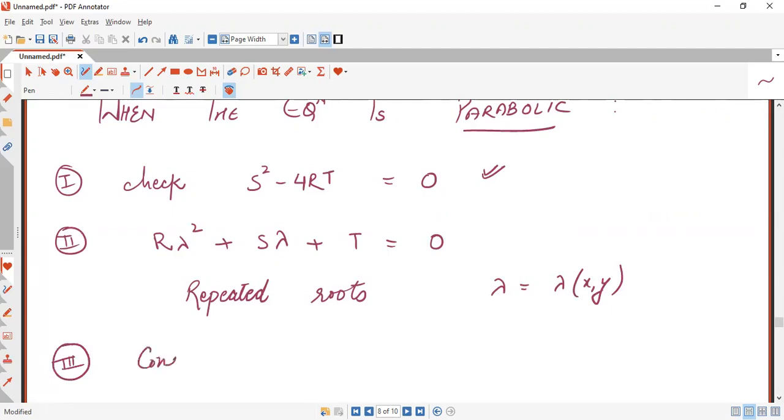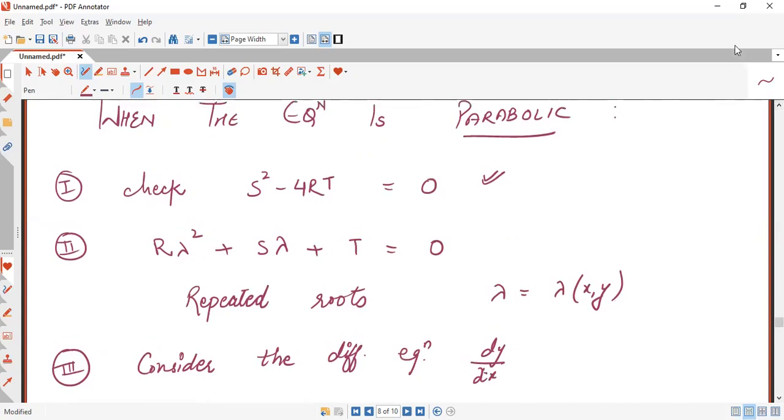Next step, you'll consider again the differential equation, just like we've done in the hyperbolic region. The differential equation as dy by dx plus lambda of x comma y equals to 0.